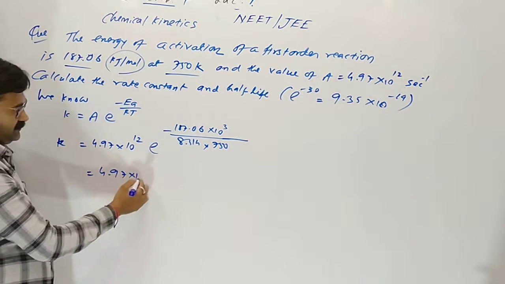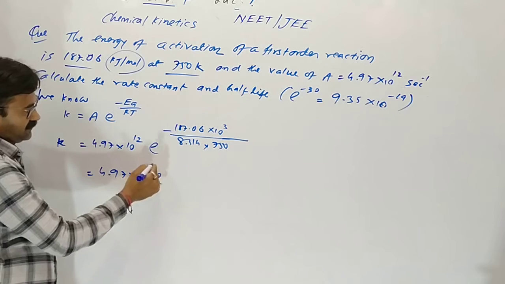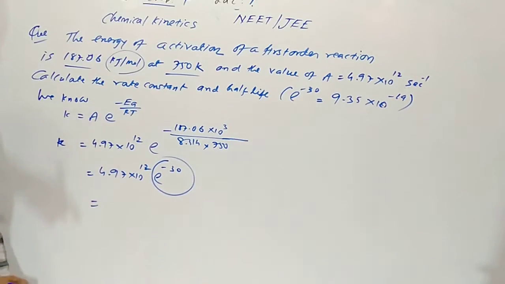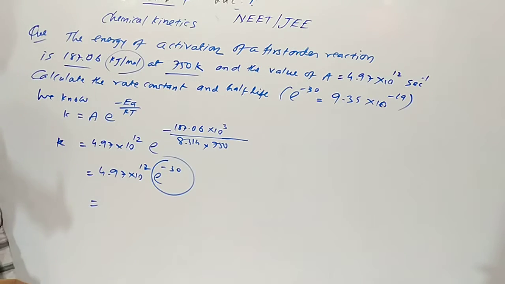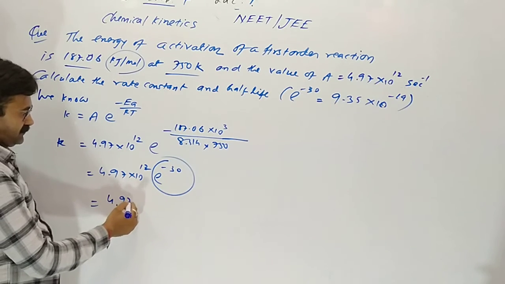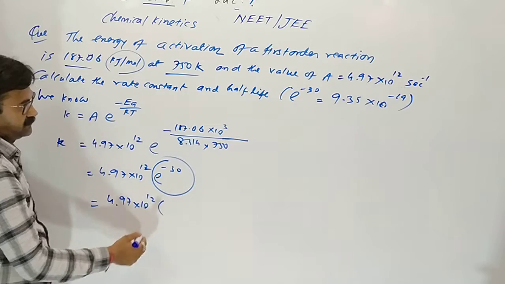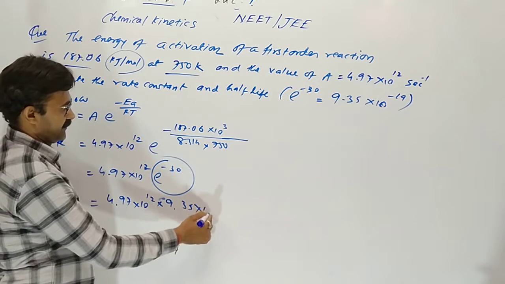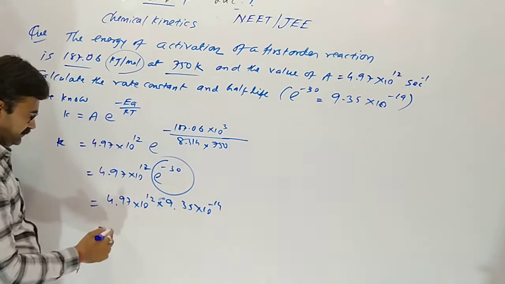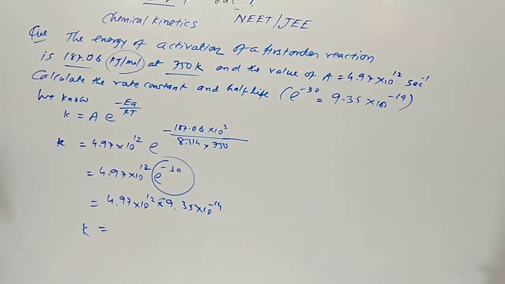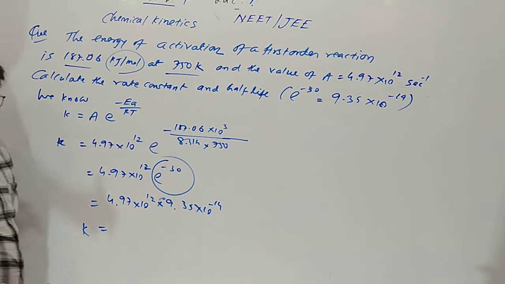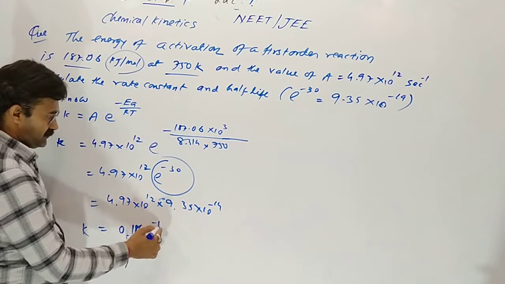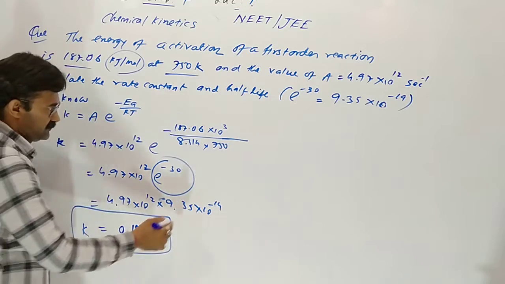So here, the division of it gives minus 13. So the value is given. Therefore multiply by 9.35 into 10 raised to minus 14. So K comes in second inverse, 0.184.